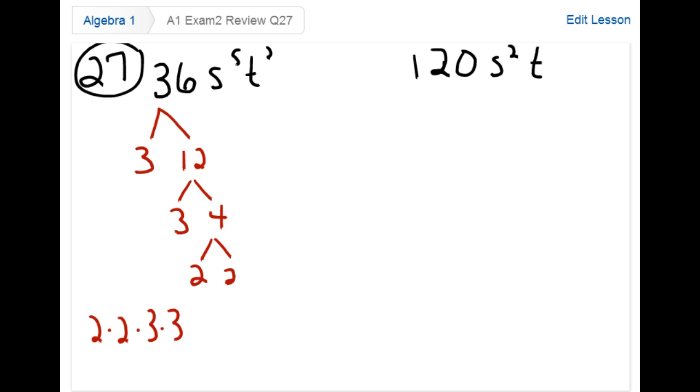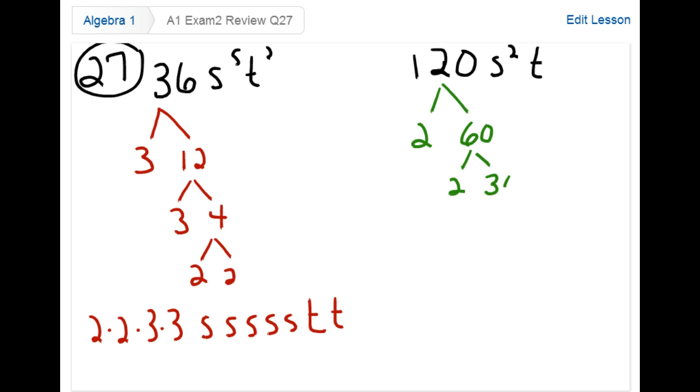Now let's add in the variables. So we have s to the 5th, so s, s, s, s, s, and t squared, so 2 t's. Now we'll do the 120. 120 breaks up to 2 times 60, which is 2 times 30, which is 2 times 15, and 15 is 3 times 5.